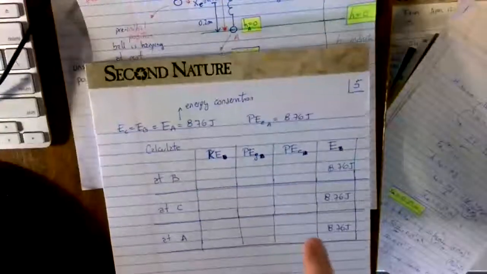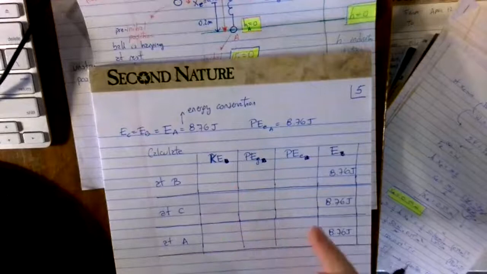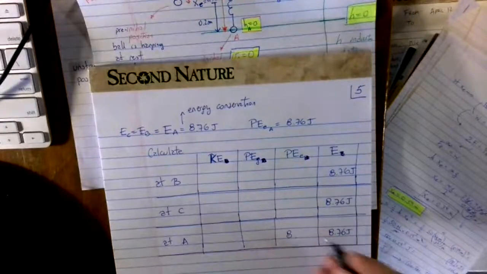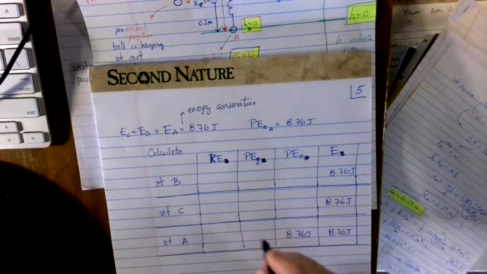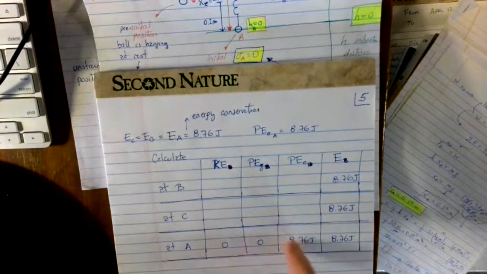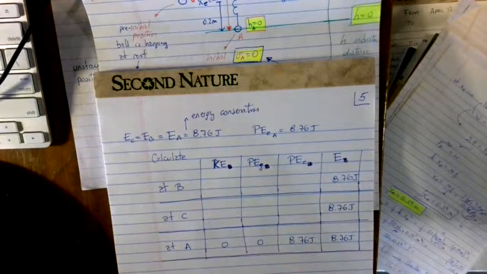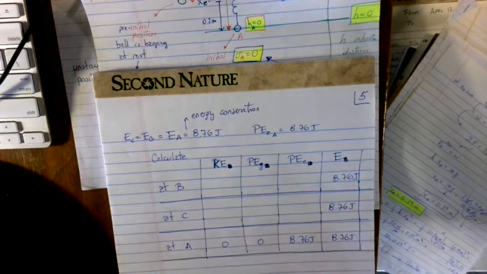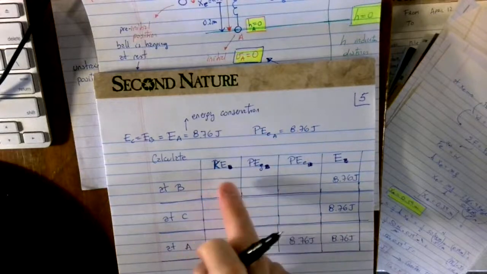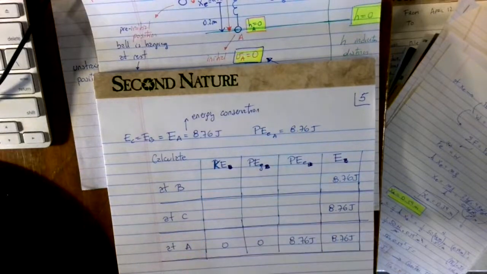We calculated that PE at the point A is 8.76 joules, and therefore this is 0 and this is 0. The sum of the first three columns has to be equal to the last column. All right, so then let us now calculate at the point B.